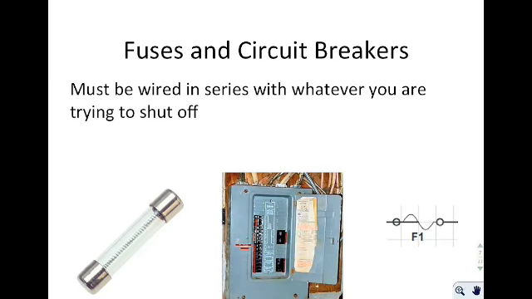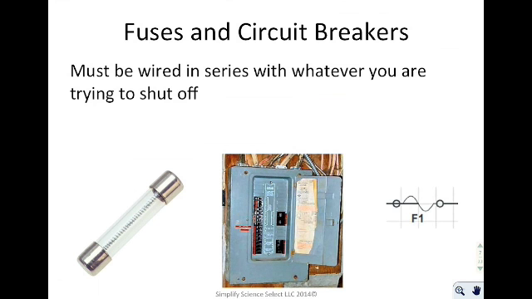Now, fuses and circuit breakers are wired in series, and there's a good reason for that. These are safety devices, so if there's a problem with a particular electrical circuit, you want the circuit breaker or the fuse to shut everything off. What you generally see is some sort of voltage source, then a fuse, and then all the other resistors in the circuit.